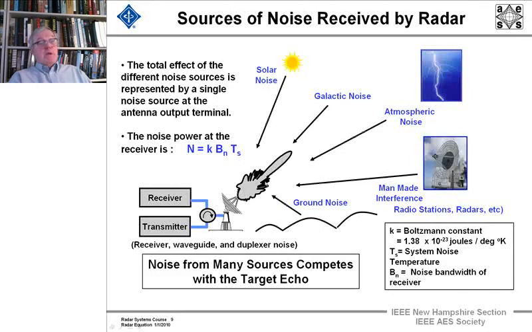They may not be operating on the same frequency, but their side lobes of energy in the frequency domain may interfere with this very small radar received signal that you're trying to detect. They may also be from man-made jammers that are located on airplanes that want to desensitize the radar. So it comes from many different sources, and this is the way we characterize the noise power at the receiver.